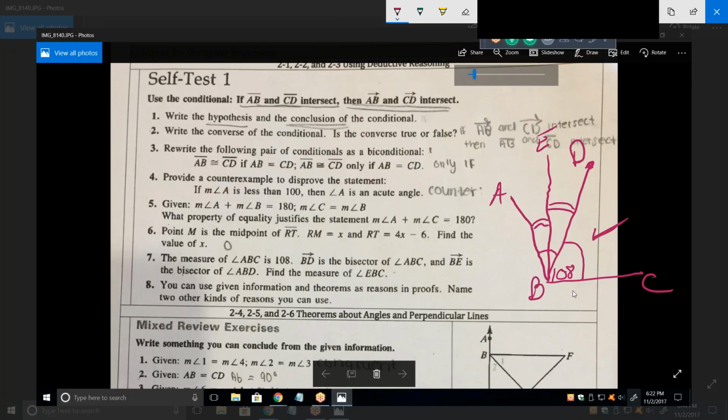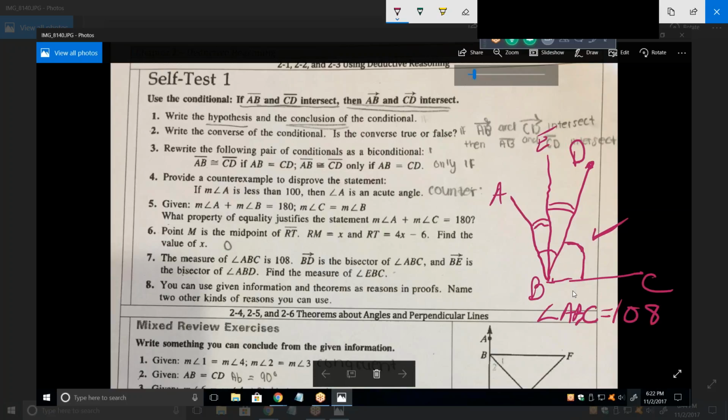The 108 is ABC. ABC, okay. So let me cross that out because it's confusing now. The 108 number. However, everything else I have there is correct.